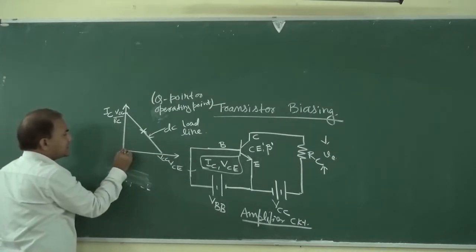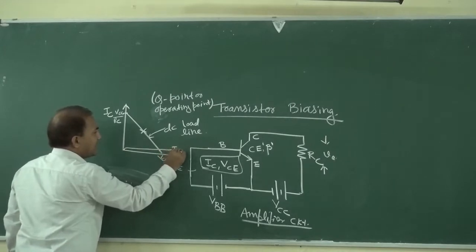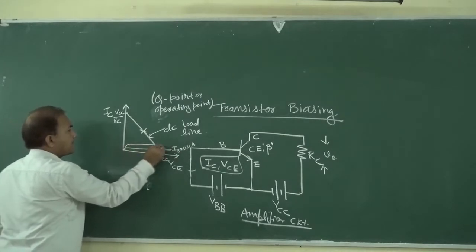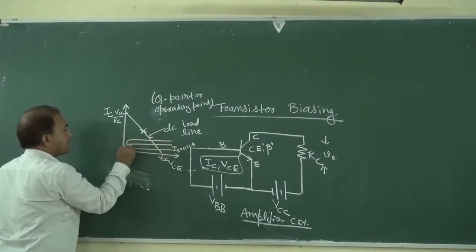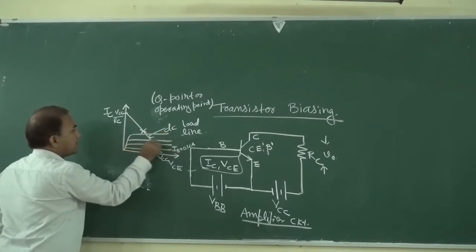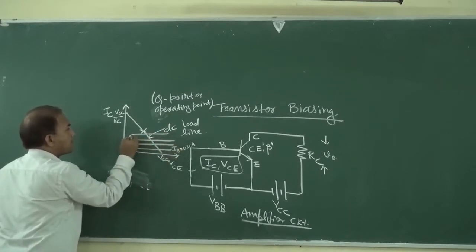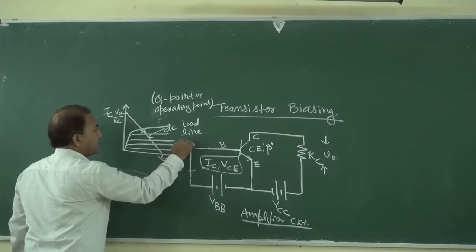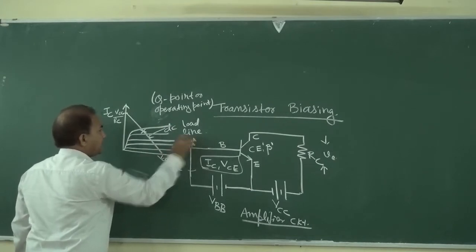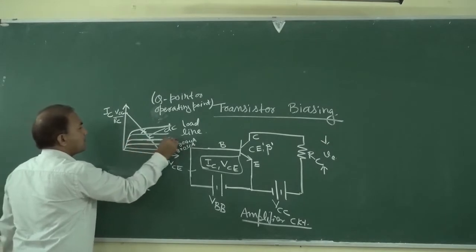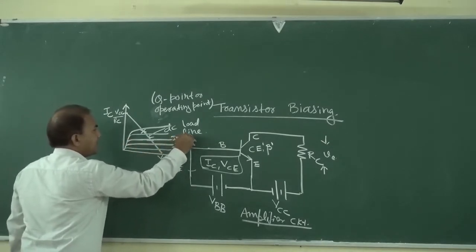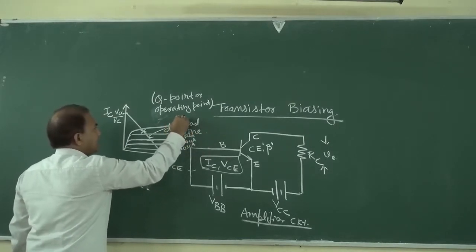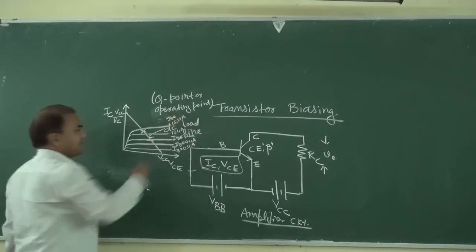The output characteristic curves are like this: IB equal to 0 microampere, IB equal to 4 microampere, 8 microampere, 12 microampere, and 16 microampere.